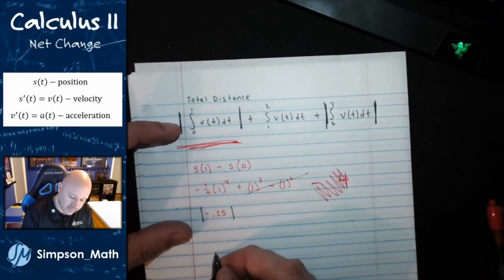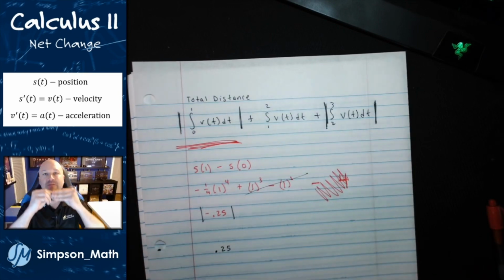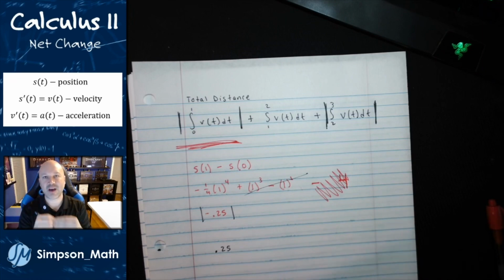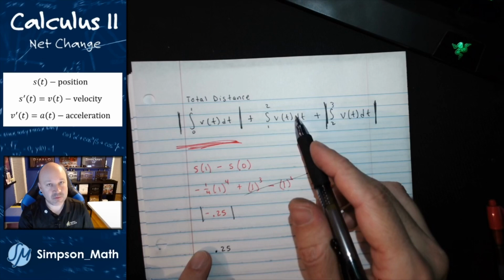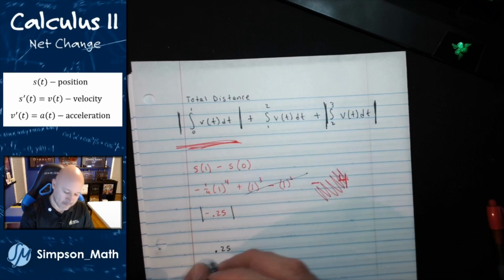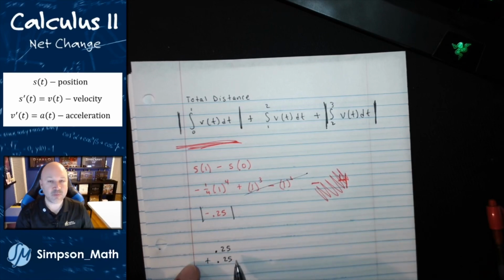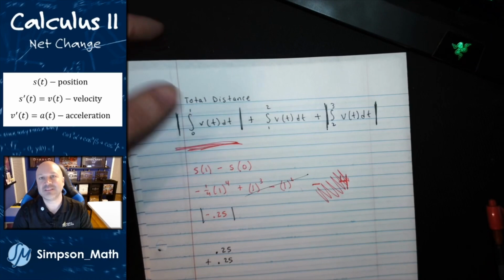So that first little hump means that I went in a negative direction 0.25 units. I know this one is identical. I could do the same thing, plugging in a 2, subtract plugging in a 1. I know that polynomials are symmetrical though, so it's going to be another 0.25. Or basically I undid it.